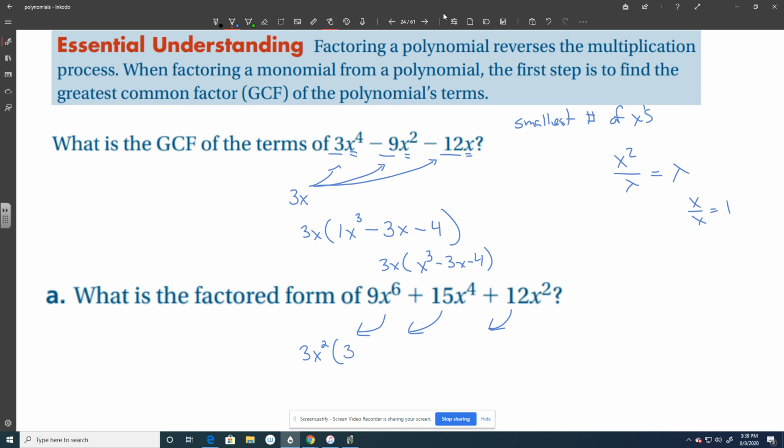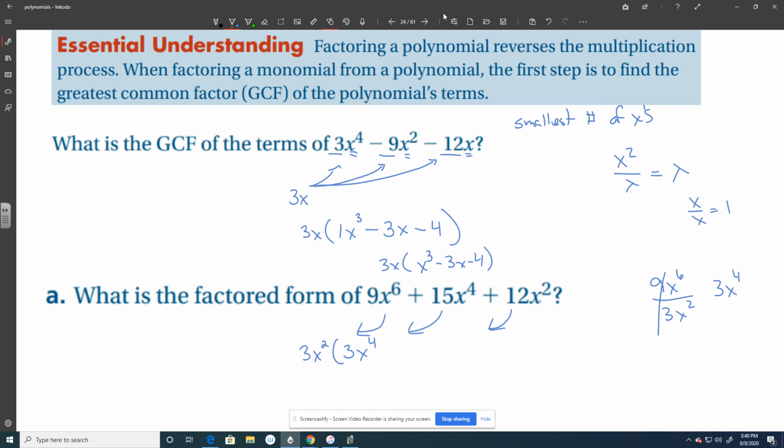X to the sixth divided by x squared, that leaves me with x to the fourth. So I'm basically taking 9x to the sixth and then I'm dividing 3x squared. So that becomes 3, and x to the sixth over x squared becomes x to the fourth. We did this in homework number 2.